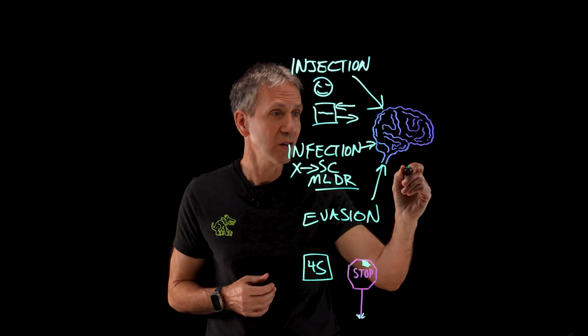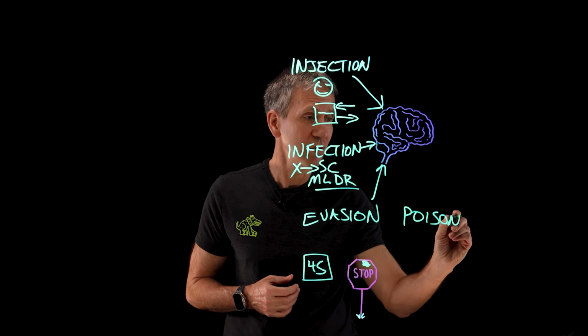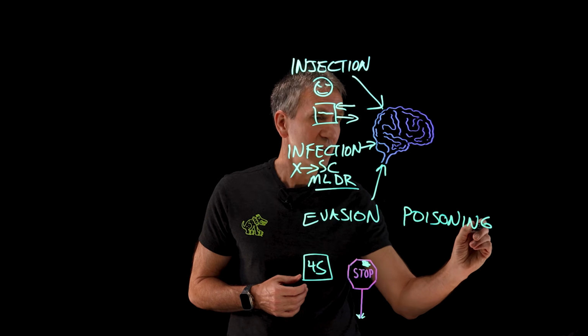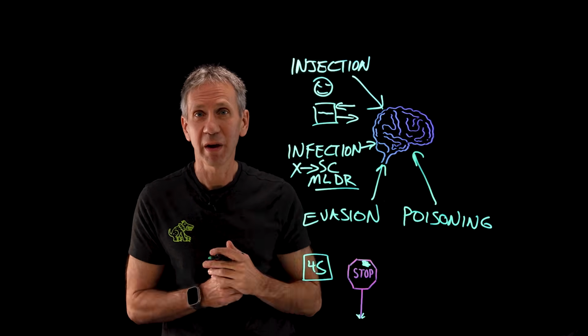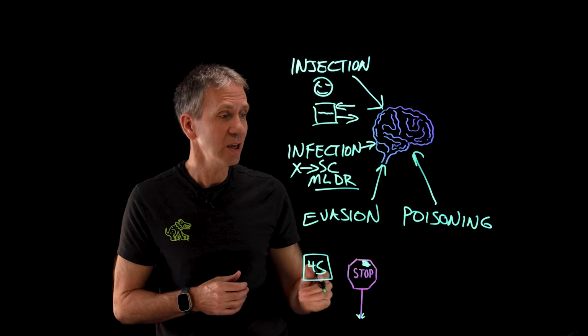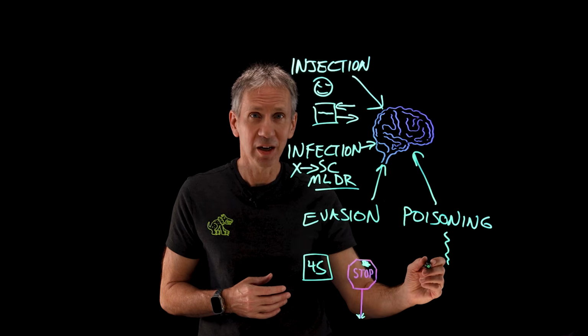Another type of attack class is poisoning. We poison the data that's going into the AI, and this can be done intentionally by someone who has bad purposes in mind. In this case, if you think about our data that we're going to use to train the AI, we've got lots and lots of data.